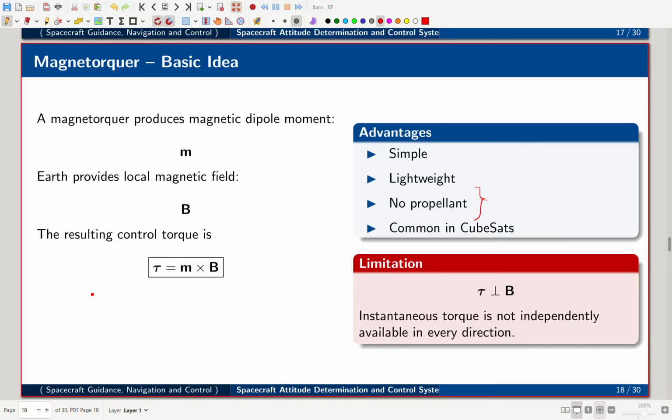It is common in the quiz sets. There are various classifications of spacecraft in terms of size. The limitation: torque is perpendicular to B, so instantaneous torque is not independently available in every direction. This is very, very important. It is not available because it is perpendicular, so it cannot correct in our other directions.